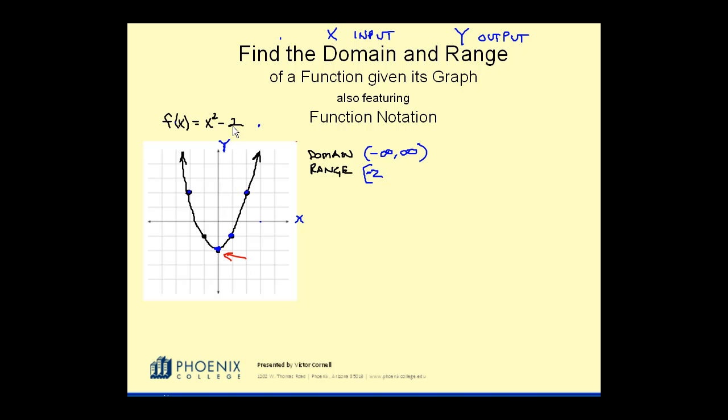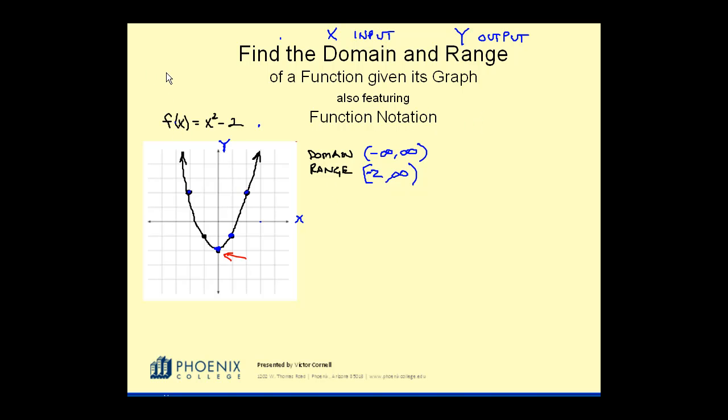So there's no way you're going to get a value less than negative 2 because this is always going to be positive or 0. So negative 2 is the smallest value for y, and then you can see your y values just keep going up from there. So it's negative 2 to infinity. So notice the bracket because it can equal negative 2, and the parentheses because it goes on. It's unbounded.